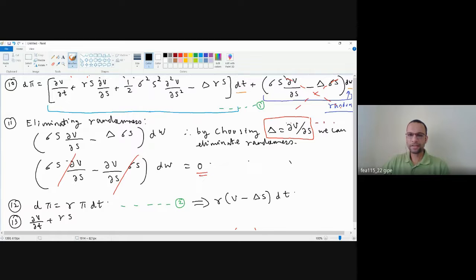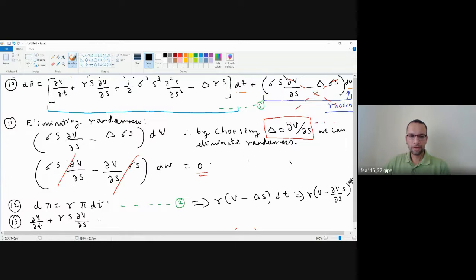And this delta is the same dv by ds which I have written here. So maybe to further simplify this, I can also write this as r into v minus dv by ds into s into dt. So I've just expanded this. I just plugged in the value of pi and I've written this together so that I can plug this value in and equate them together. So I'll do that now.